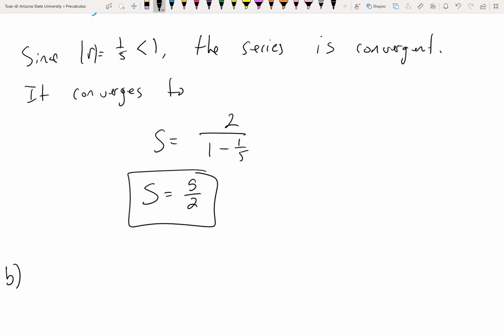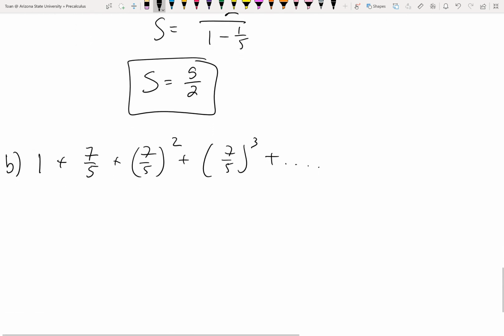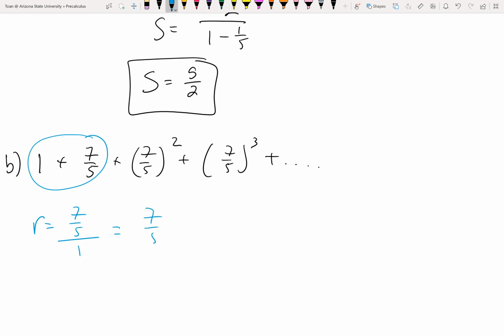Part B. So what we have is 1 plus 7/5 plus 7/5 squared plus 7/5 cubed plus dot dot dot. I think the r is very obvious, but let's just pretend that it isn't. So pick two terms that are next to each other. We'll just do these two here. r is the right number divided by the left number, which is 7/5.